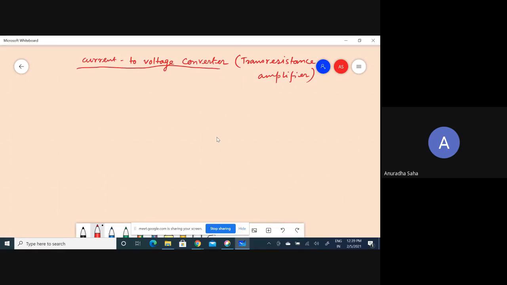By using two different circuit diagrams in association with two different op-amp modes. One is inverting mode, another is non-inverting mode. So first of all, I would like to draw the circuit diagram using inverting mode. Circuit diagram of I to V converter.